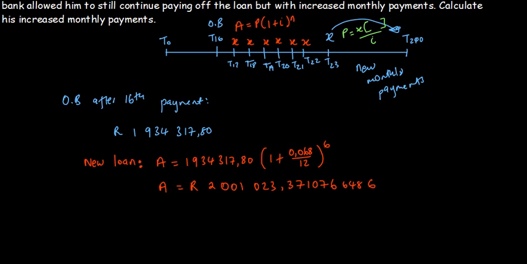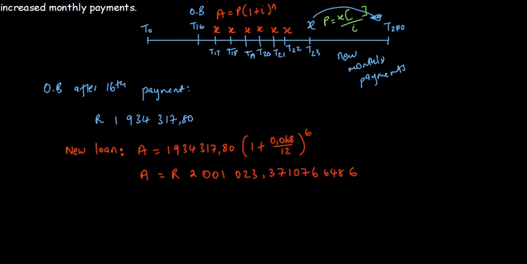That new loan is now going to be settled during this period. So we are now going to use the present value formula. You say x times (1 minus (1 plus i) to the power of negative n) divided by i, like Miss Nzija said.